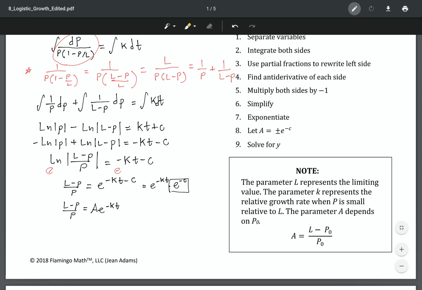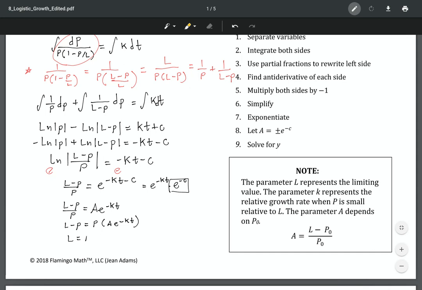Okay. And then at the end, I want to solve for P here. So the whole goal is to try to get an equation that has P. So what I'm going to do first is multiply both sides by P. You may already see where this is going. You may not. If you do, awesome. But if you don't, just hang in there and I'll show you how we're going to get P by itself. All right.